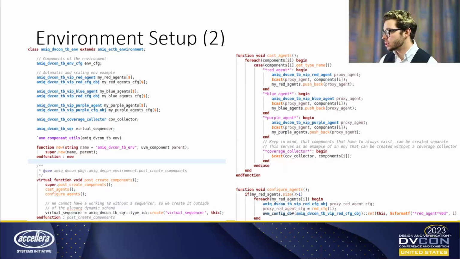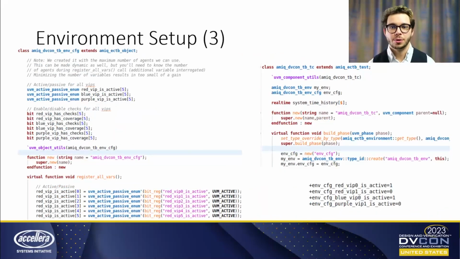Of course, those agents have to be configured as well. So here we see that we can create the configuration objects statically. We don't have to create everything through plusargs. So we showcase this to see that a hybrid model is possible.